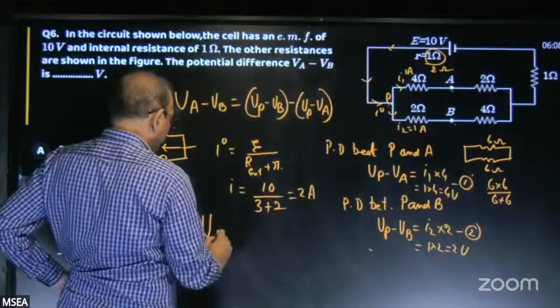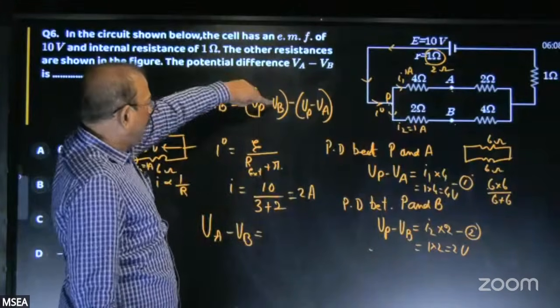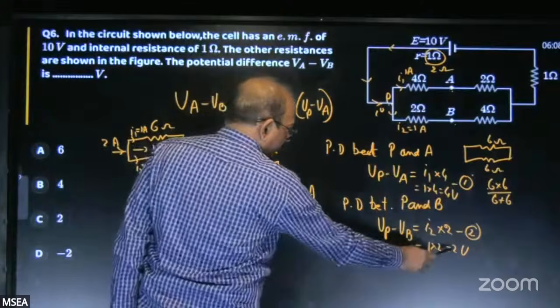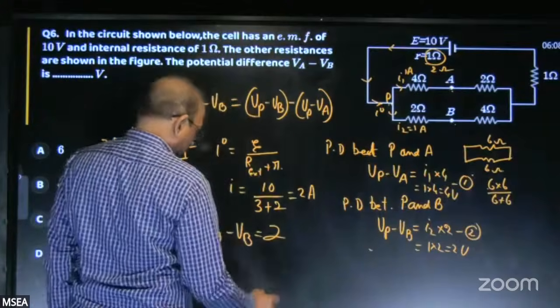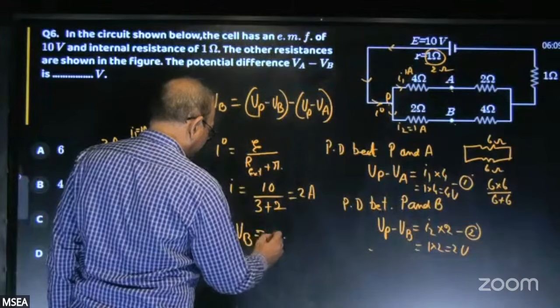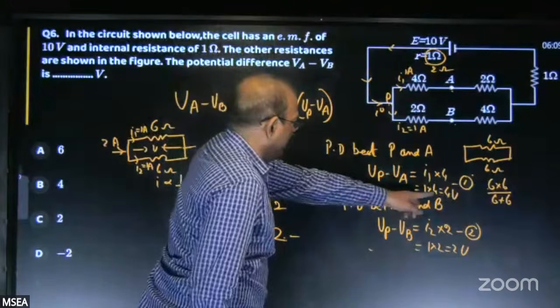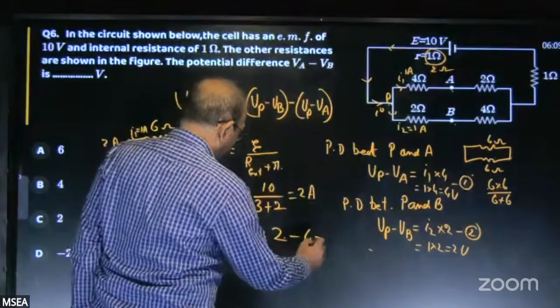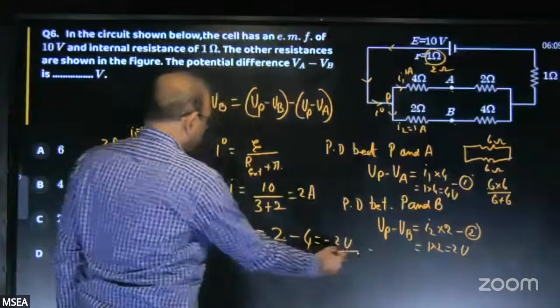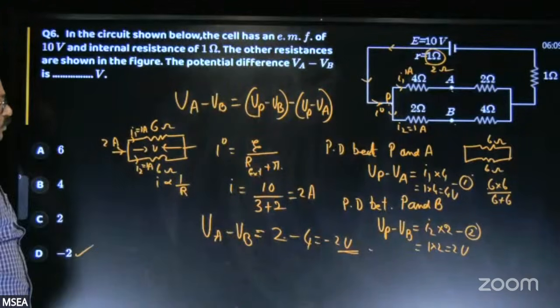Now Va minus Vb equals Vp minus Vb minus Vp minus Va: 2 volt you got, minus 4 you got. So the answer is minus 2. Fourth option.